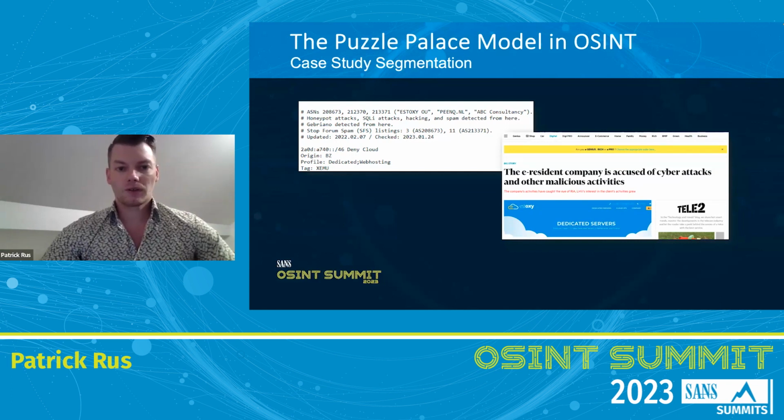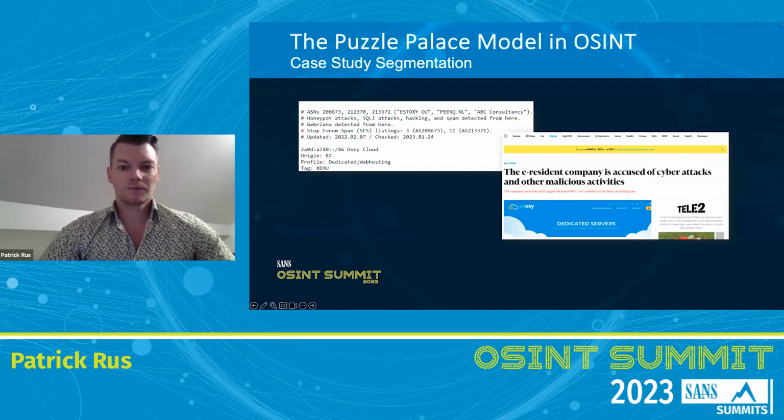Also, looking at other sources on the internet, for example, forums, we identified various data points related to this entity or the network of entities. For example, we discovered various company names, the types of cyber attacks, the autonomous system numbers used, the timestamps, a potential location in Belize, and some additional tags or keywords.